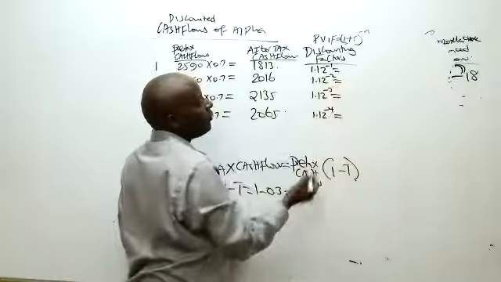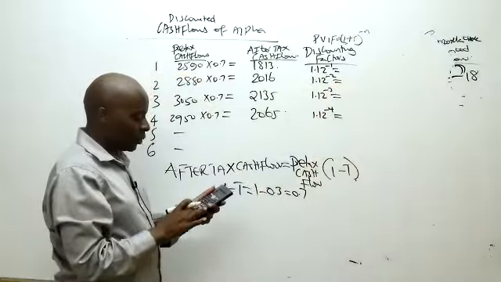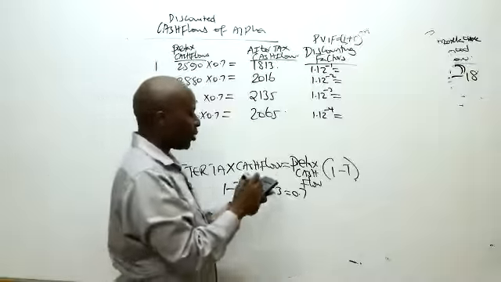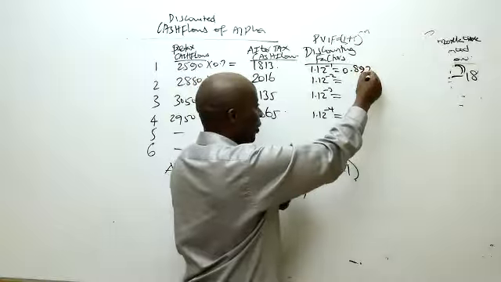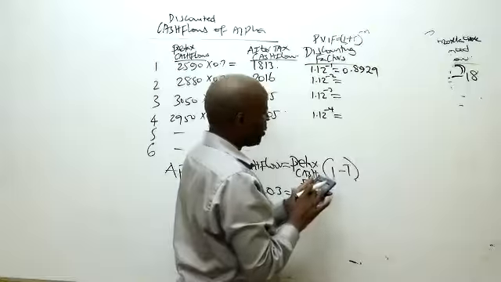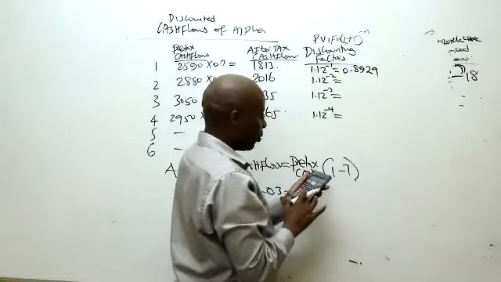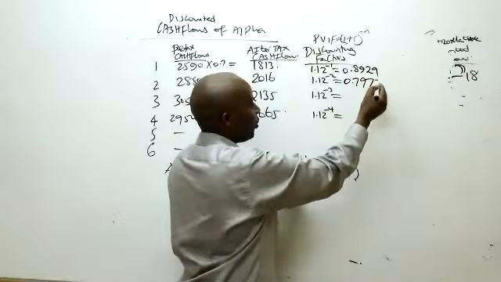Give us figures. So we have 1.12 raised to minus 1, giving us 0.8929. Then we have 1.12 raised to negative 2, which gives us 0.7972.